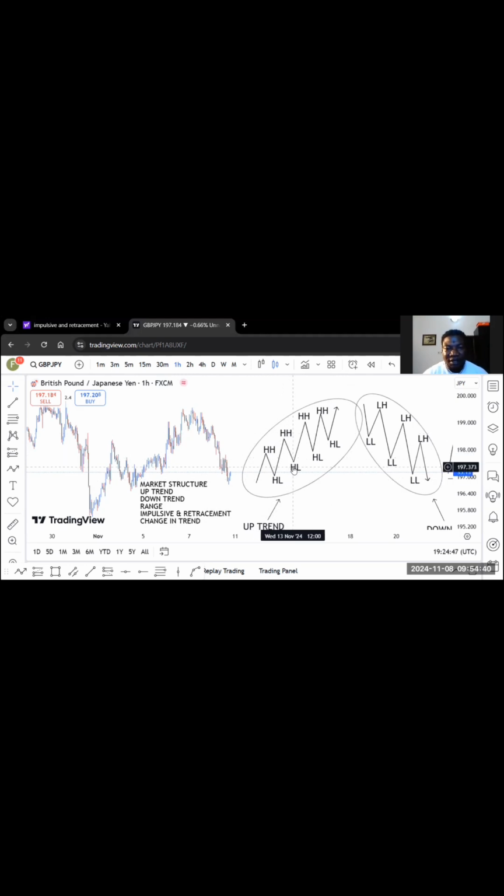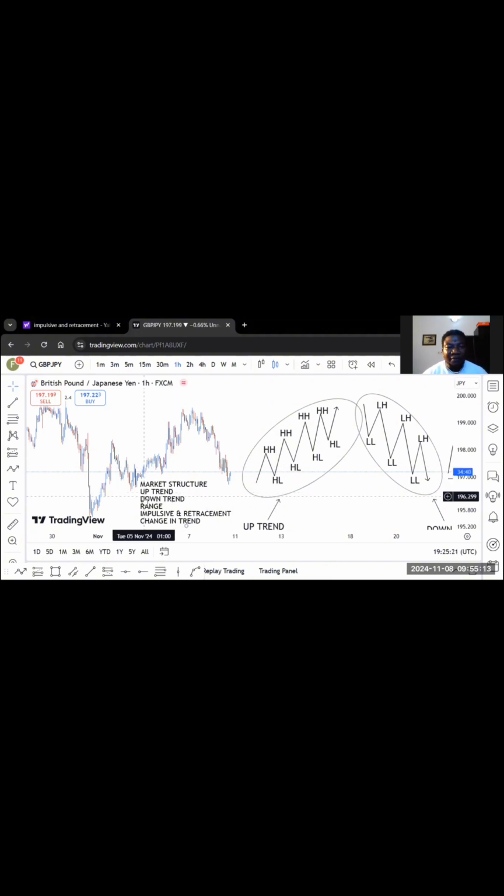Higher highs, higher lows, higher highs, and higher lows. This is a characteristic of an uptrend market. All you're going to be doing as a trader is to look for buy opportunities only. By the time you look for a buy opportunity in the market, and you buy in the direction of the trend of an uptrend, you're going to make more profit, or the market is going to go more in your direction. So that is what it means.